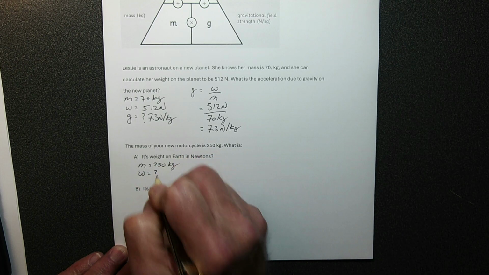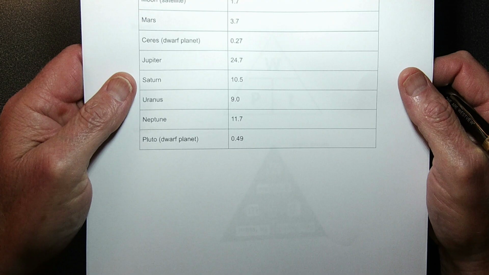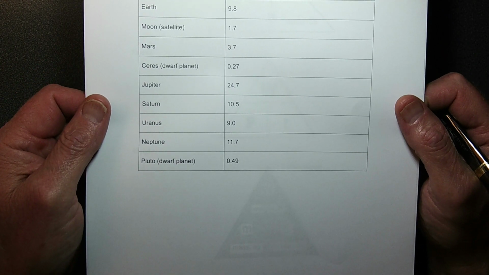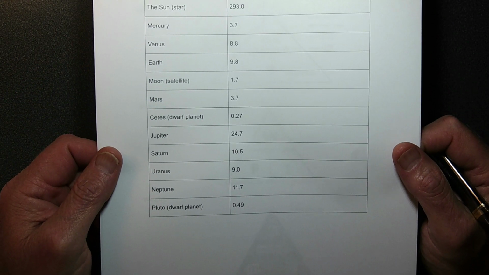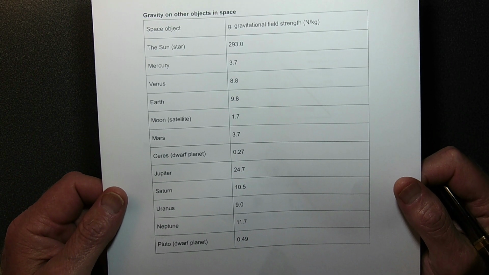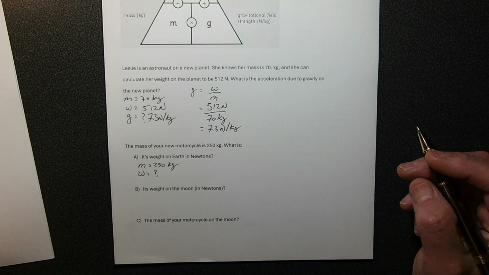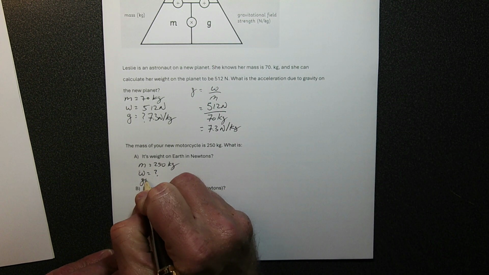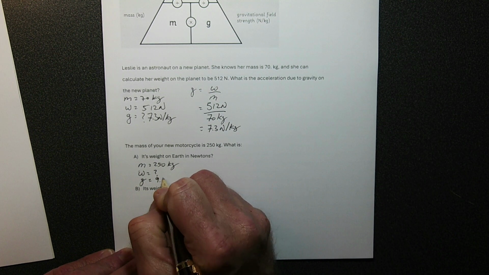Well, now we have to go back to our chart that we were given, and you'll always be given this. And we see that Earth is 9.8 newtons per kilogram. So g is equal to 9.8 newtons per kilogram.